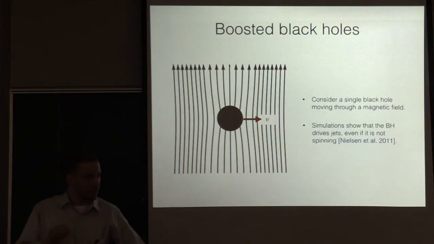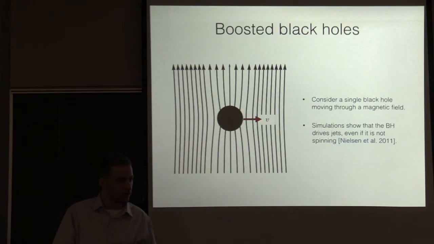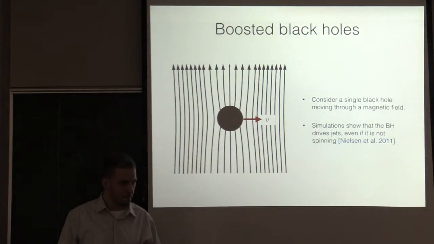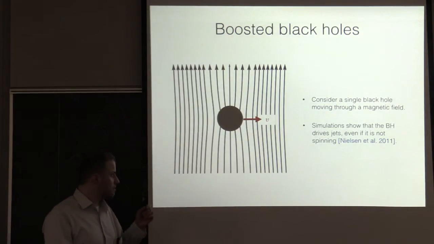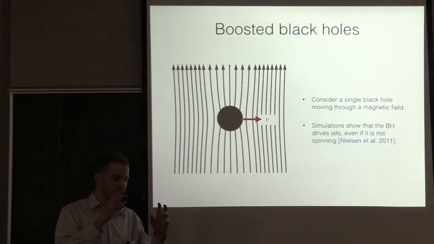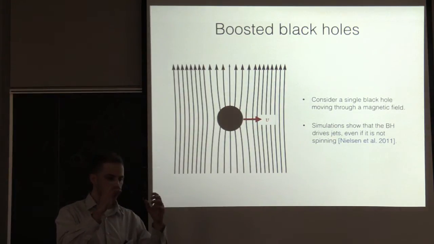Is this actually similar to the orbital case? Because maybe I'm not thinking about this enough, but in the orbital case, I imagine you go to a co-rotating frame where it's not actually moving with respect to the magnetic field. Oh, so yeah, I don't think that's quite right. In the orbiting case, the picture we're going to have in mind is a black hole, and the neutron star has a really strong magnetic field anchored in the neutron star.